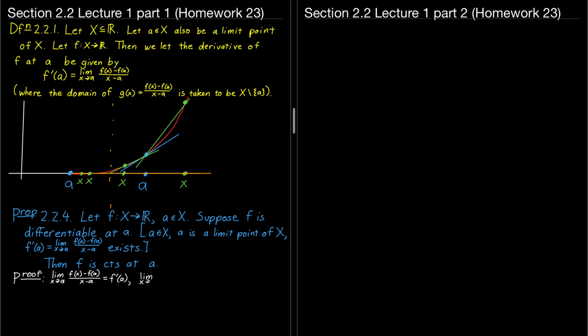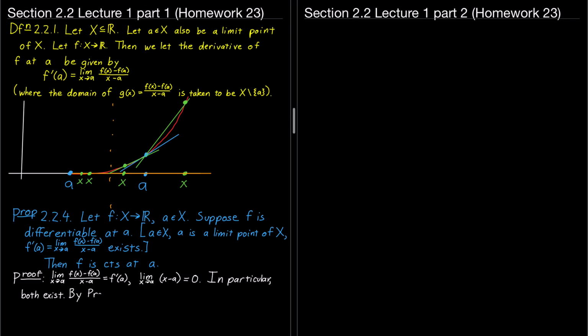It's the limit as X approaches A of X minus A. And I'll point out that both of these limits exist. And therefore, we can use proposition 2.1.5.